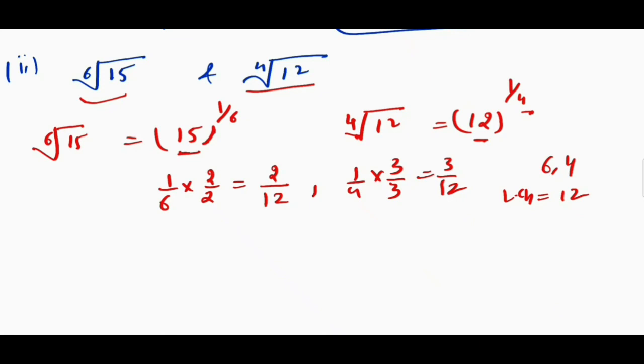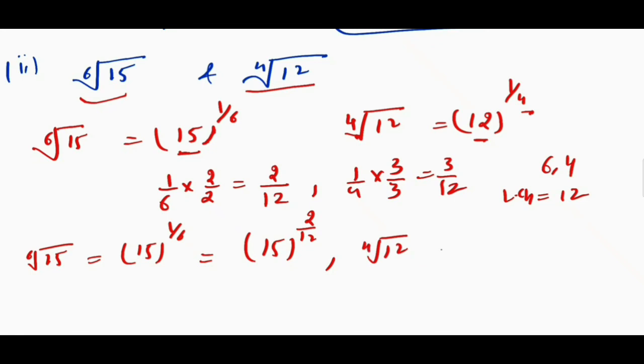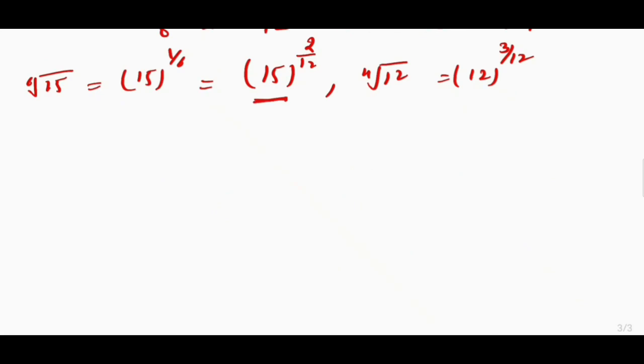So I will get 3 by 12. So now these are like fractions. So I will write this 15 raised to power 1 by 6 as 15 raised to power 2 by 12, correct? And this I can write as 12 raised to power 3 by 12. We can write this as 15 raised to 2 into 1 by 12, okay?